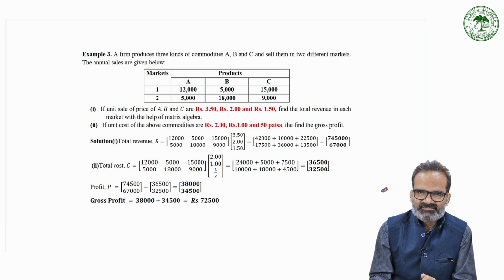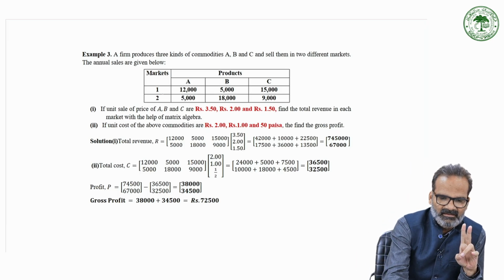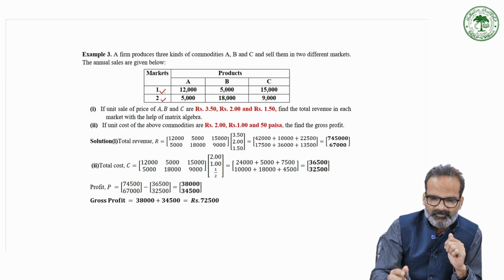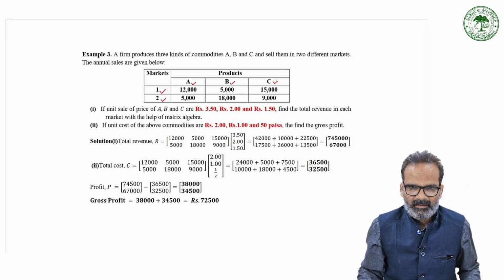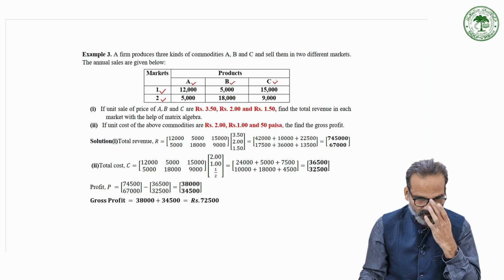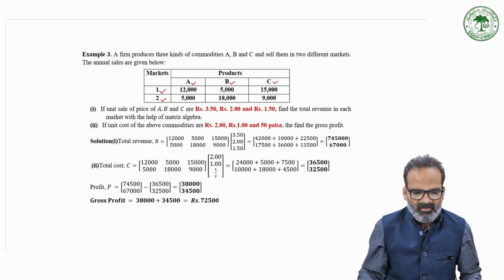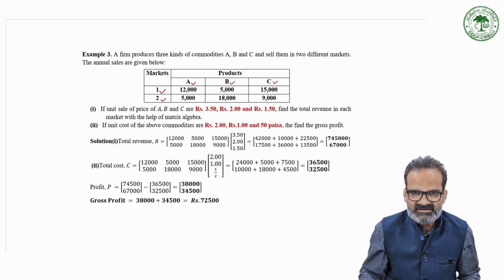Here the situation is what? There are 2 different markets, 1 and 2, right. This is market 1 and this is market 2, and we are having 3 different commodities or 3 different products. They are denoted by A, B and C, right. So what is given in this table? Look at here. The sale of the commodity A in market 1 is 12,000.